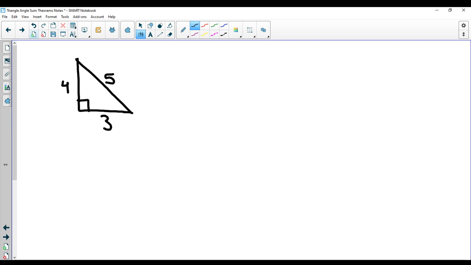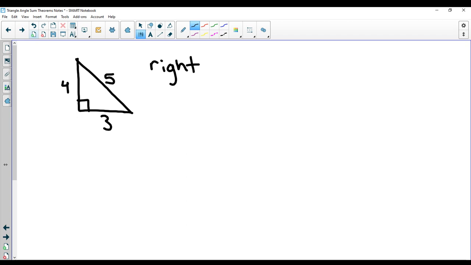And the question could say, classify this triangle by its angles. I could just say, tell me what the angle name would be. Well, you'd look at the triangle, and the way I've drawn it, I see this box here. So I automatically know that it's a right triangle. It doesn't matter what the other two are. We call it a right triangle.